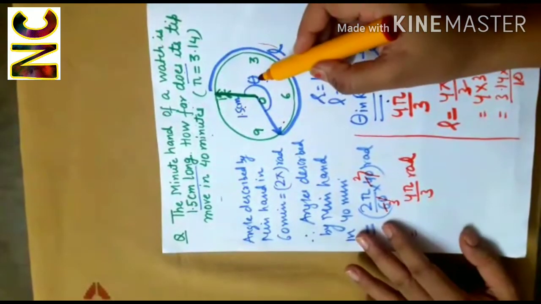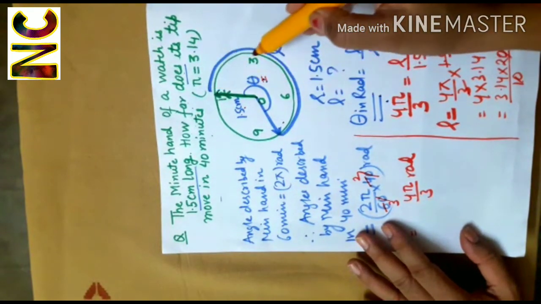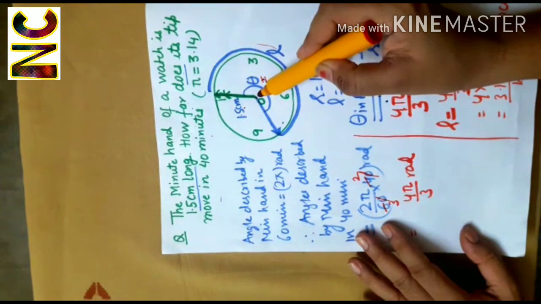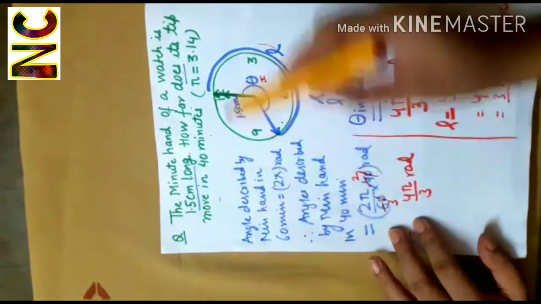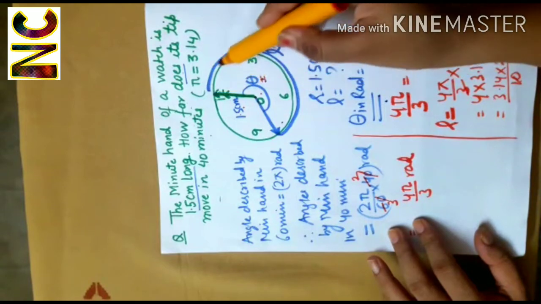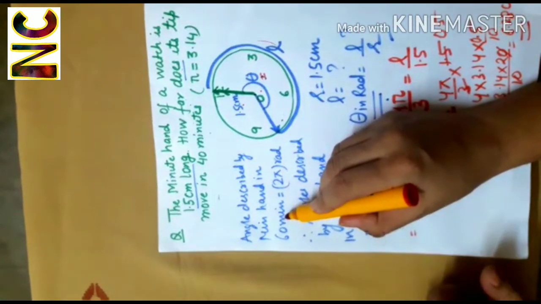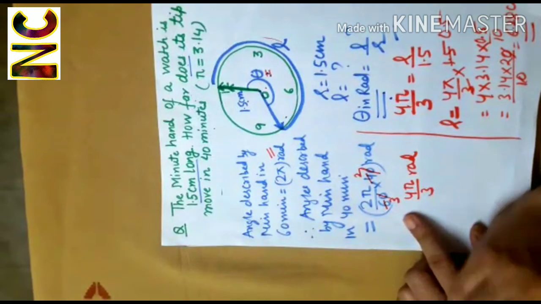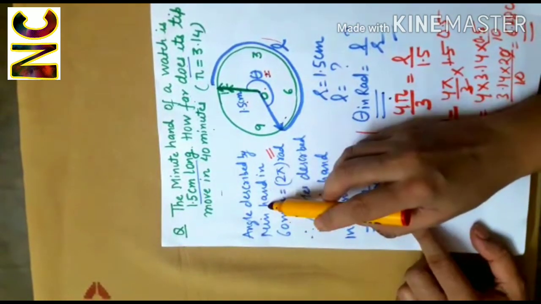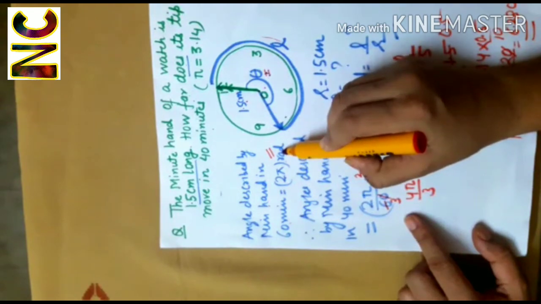So now we need to find out this angle theta, which is subtended by this arc at the center of the circle. Angle described by minute hand in 60 minutes will be equal to 360 degrees, and 360 degrees is equal to 2 pi radian. So in 60 minutes, minute hand describes an angle of 2 pi radian.